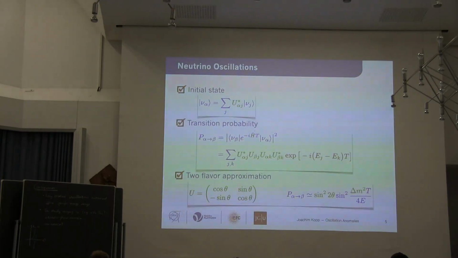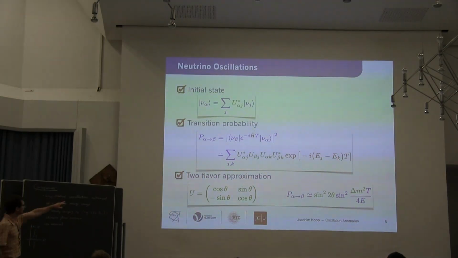Let's first talk about the case where sterile neutrinos participate in oscillations. In that case, the oscillation phenomenology stays formally exactly the same. So the derivation of the oscillation probability, where you start from an initial state, you write your flavor eigenstate as a superposition of mass eigenstates, you then time evolve it and project it onto the detected state. That's all exactly the same.